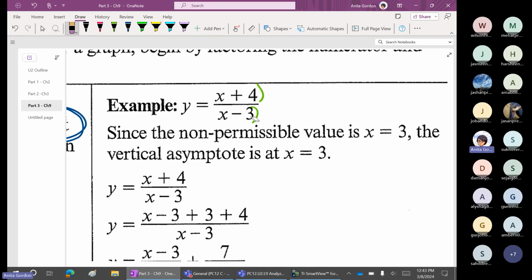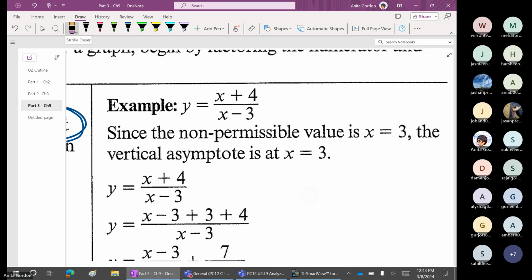But if there are no factors, you can't just randomly go in there and start Xing stuff off. No. Everything in the numerator must have a factor that is also present in everything in the denominator.